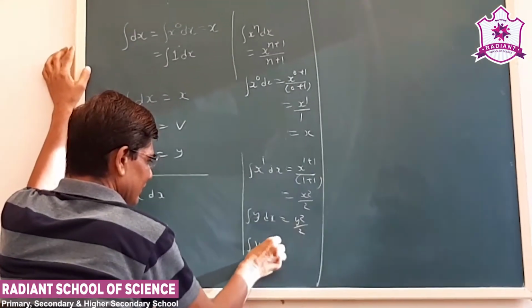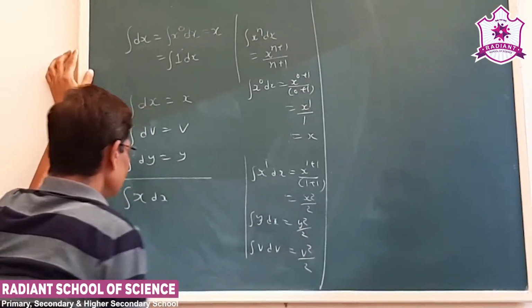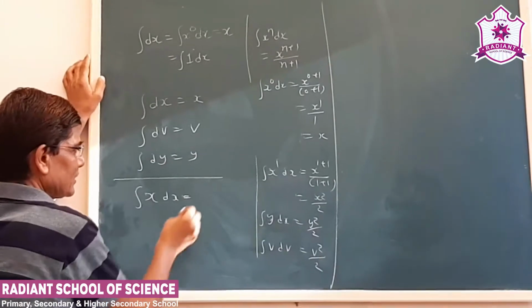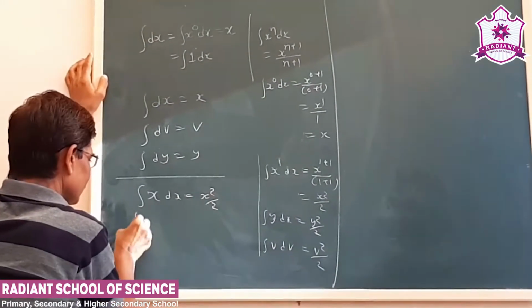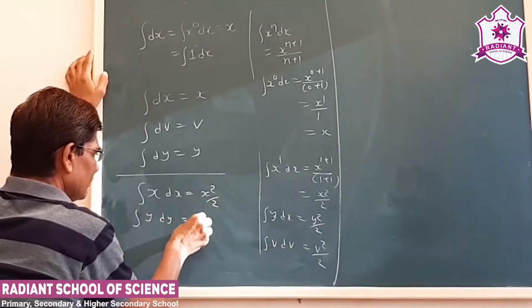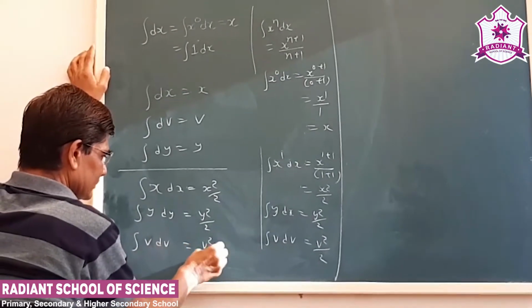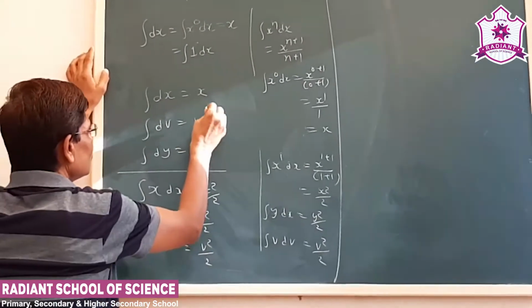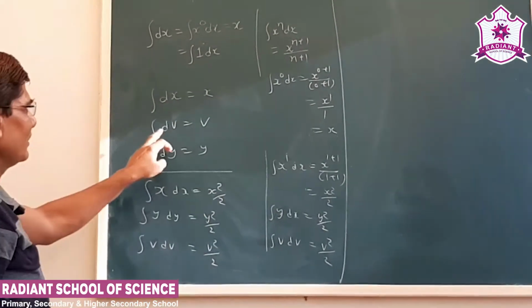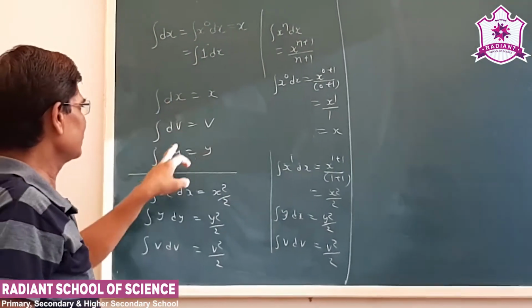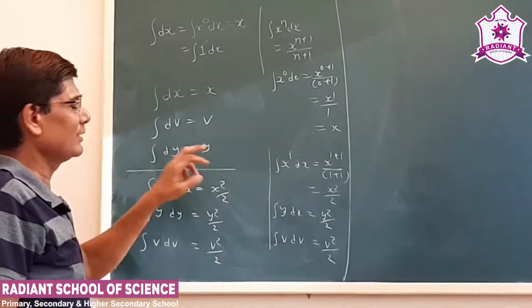Suppose it is v dv, then it is v squared by 2. So integration x dx will be x squared by 2, y dy will be y squared by 2, and v dv will be v squared by 2. Likewise, integration of dv is v, dx is x, and dy is y.